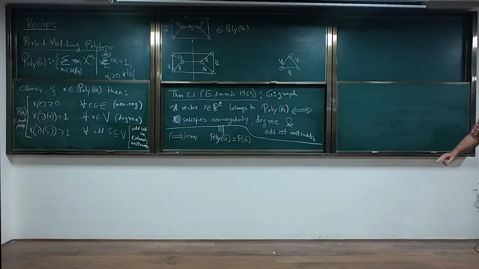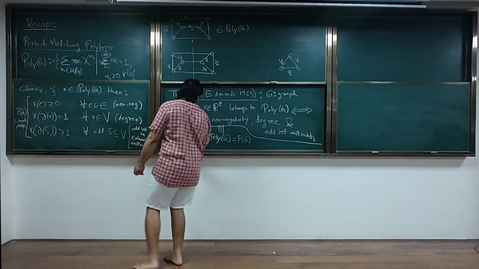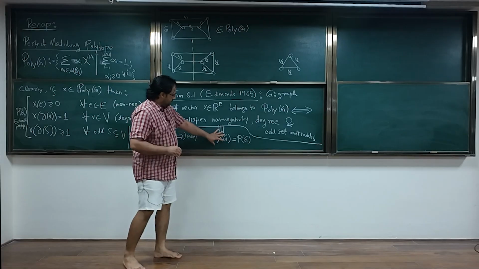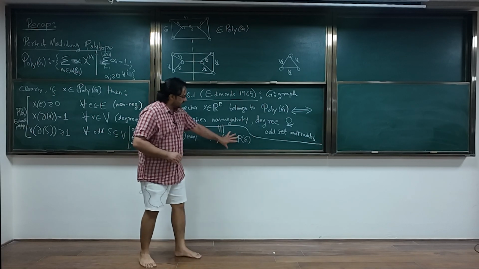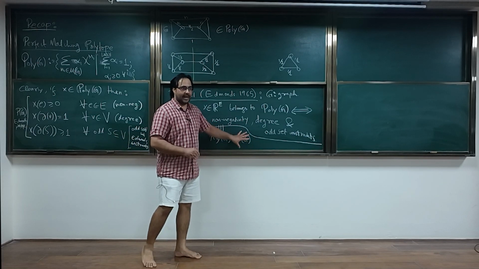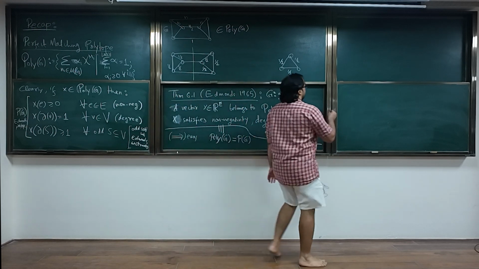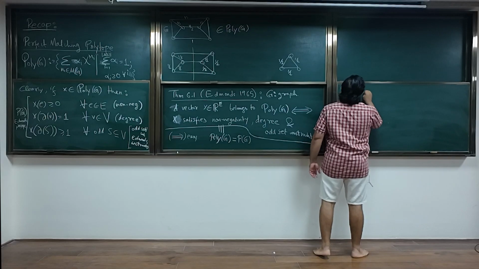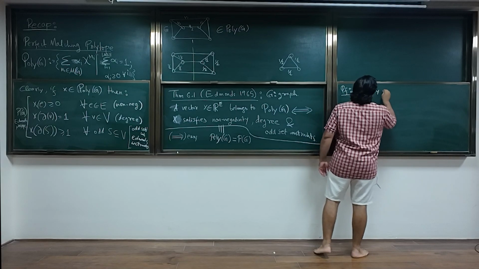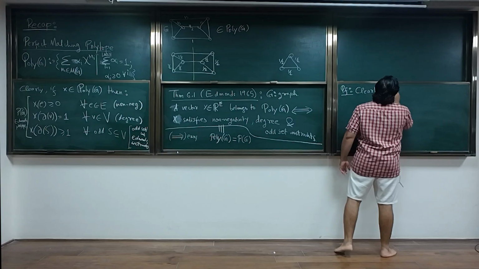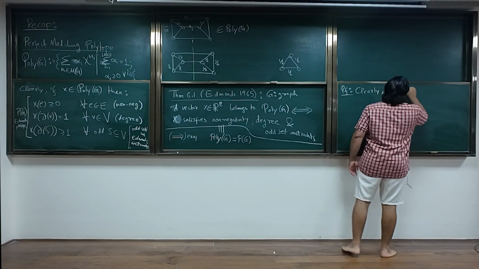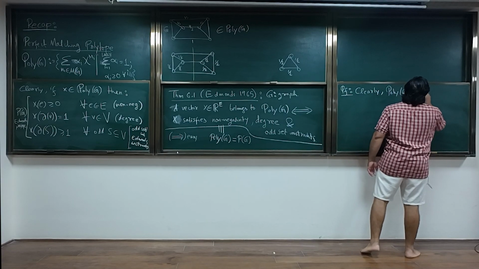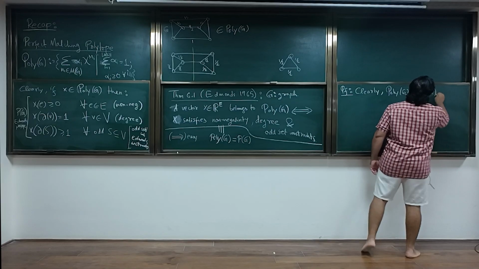And what does this tell you? The forward implication is saying that the perfect matching polytope is contained in Edmonds' Polytope. That is easy. Proof: clearly, the easy direction, the perfect matching polytope is contained in Edmonds' Polytope.